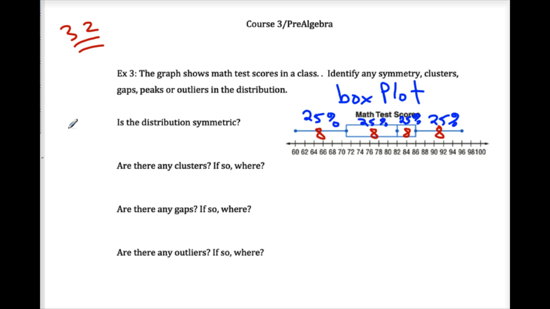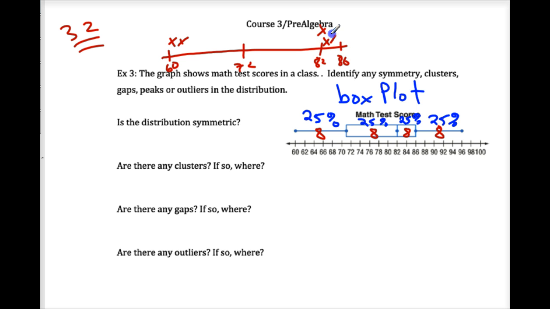So, is it symmetrical? I don't think so. Because if we made the line plot with the x's, you know, 60, we don't know exactly where they're at. You know, there's 72. There'd be 8 x's in this big area, and then there'd be 8 x's between 82 and 86.